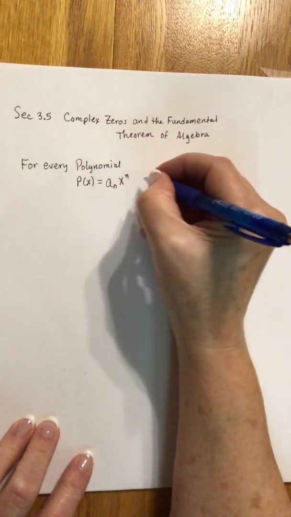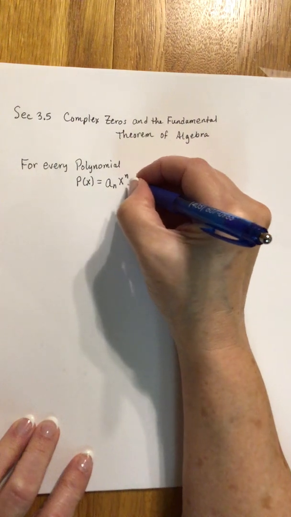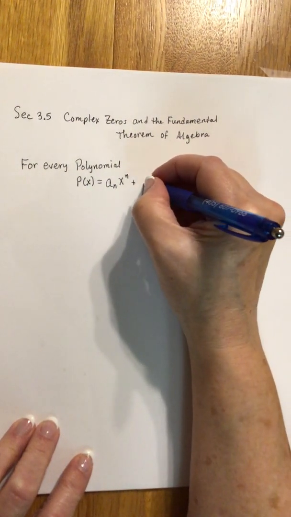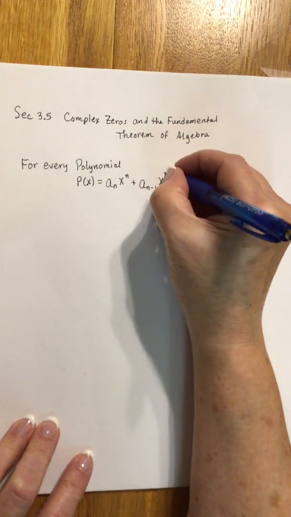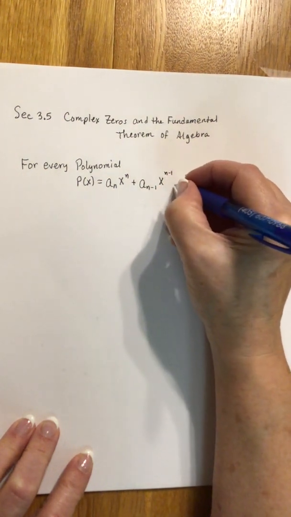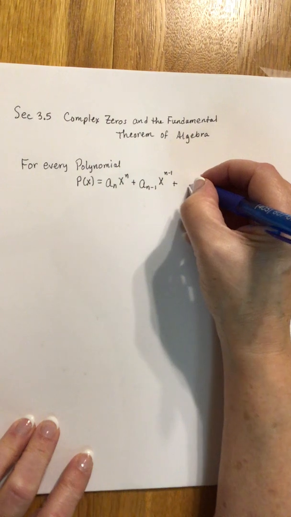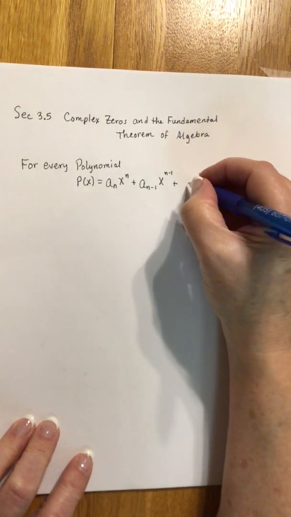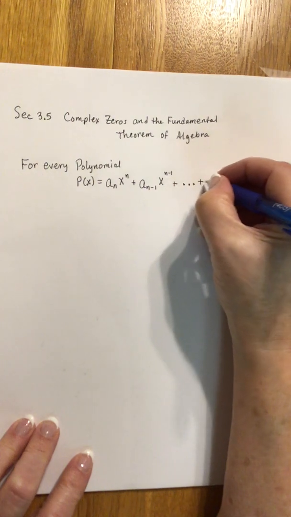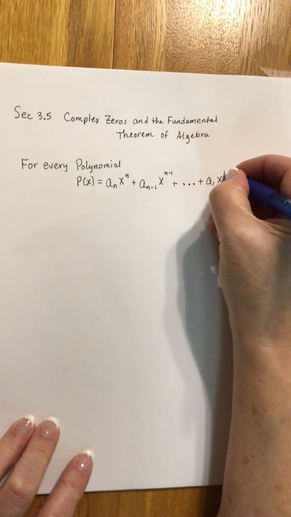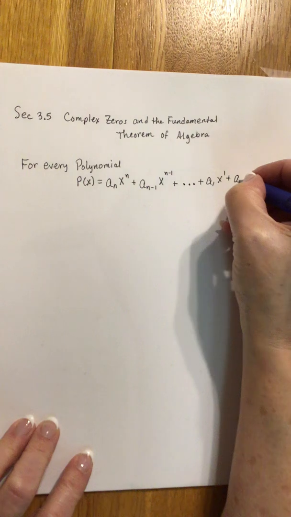So this is our leading term. And then each one is going to go down from there. So the next one would be a sub n minus 1, x to the n minus 1, plus, and then we'd go down n minus 2, x to the n minus 2, and so forth. So we're going to say dot, dot, dot, plus a sub 1, x to the first, plus a sub 0.